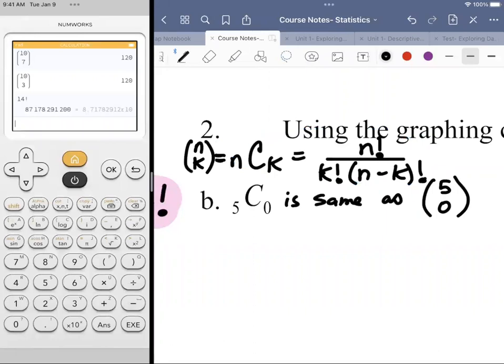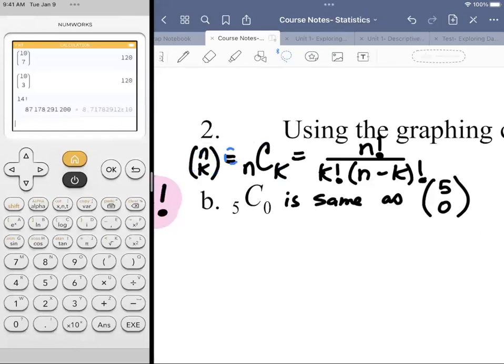Those two forms of notation are used really interchangeably, to the point where, in all honesty, I never used this bracket notation until I was well into my teaching career. It was always the C notation, the way I learned it. So my first thought was, what the heck is that? And then I was like, oh, it's just a combination. It means the same thing.